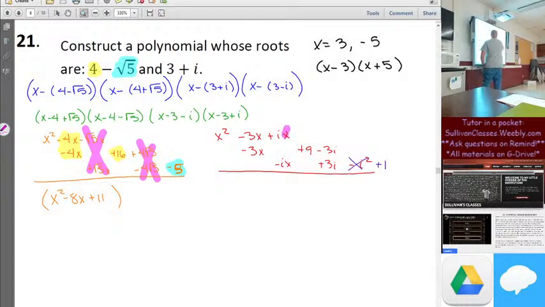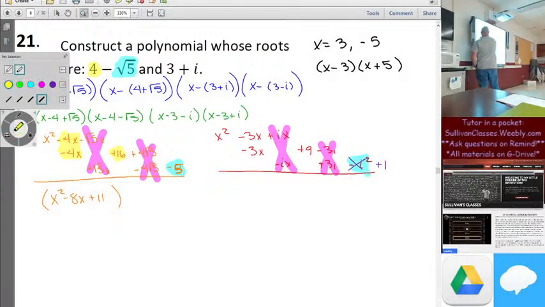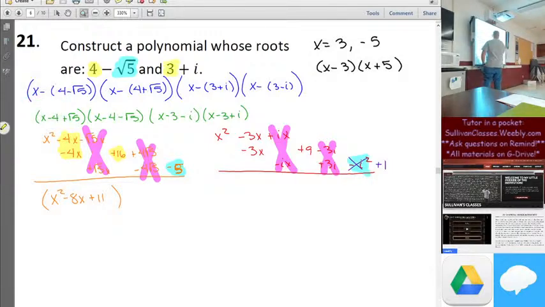This thing, I had 2 of them and I had it squared.